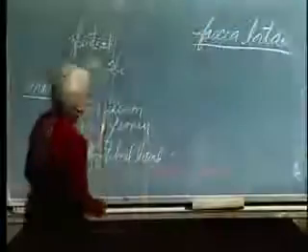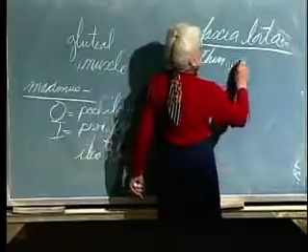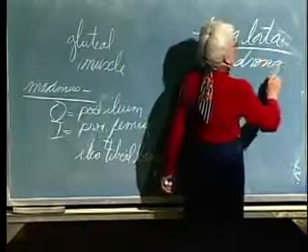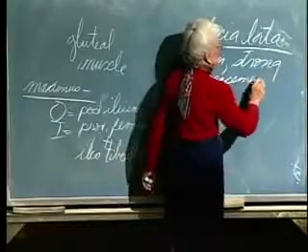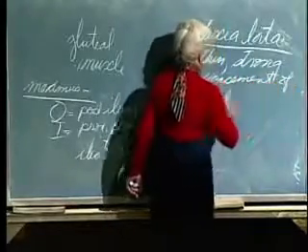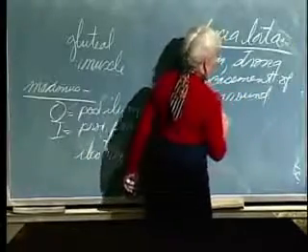So the fascia lata is a thin, strong encasement of CT around thigh muscles.